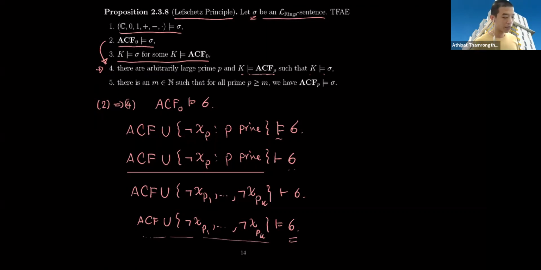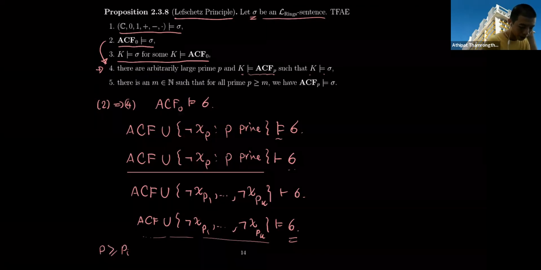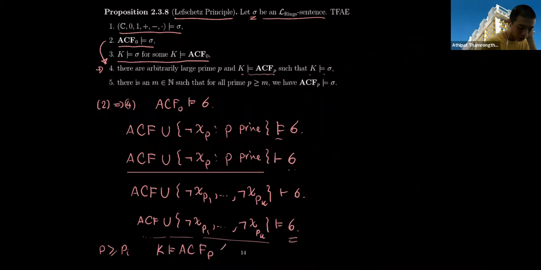So if I pick a p that is larger than the maximum of these pi, and I pick K to be an algebraically closed field of characteristic p, then it's going to be a model of this theory, and then it's going to satisfy sigma right here.